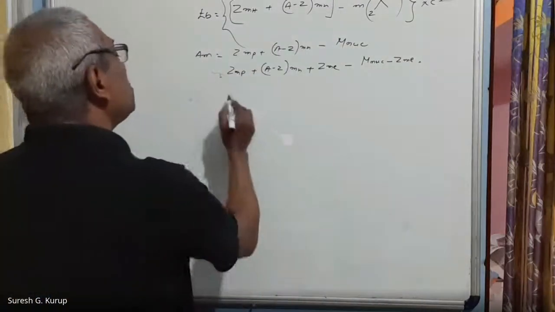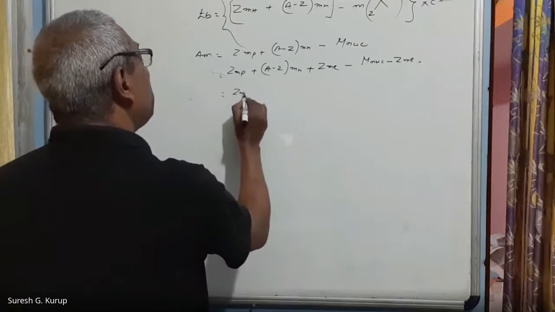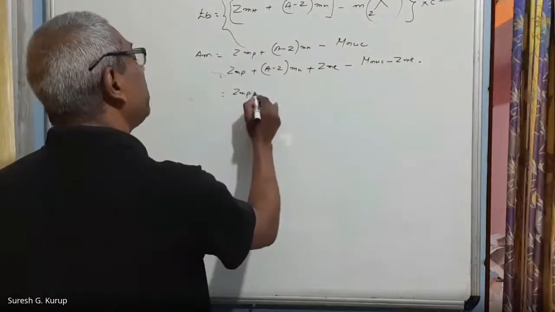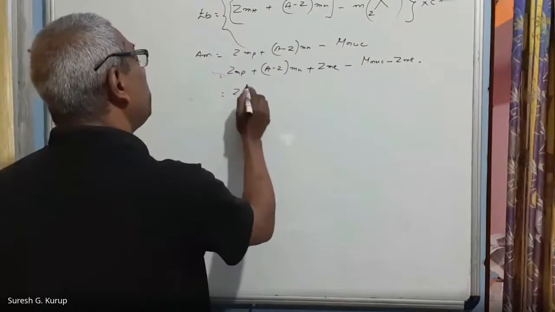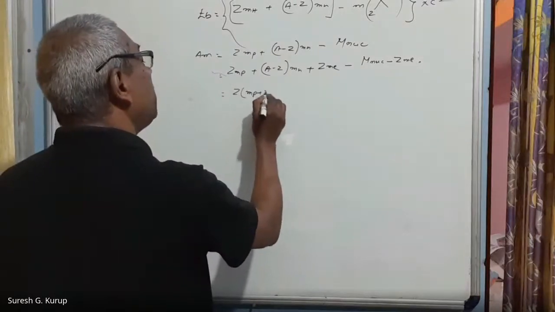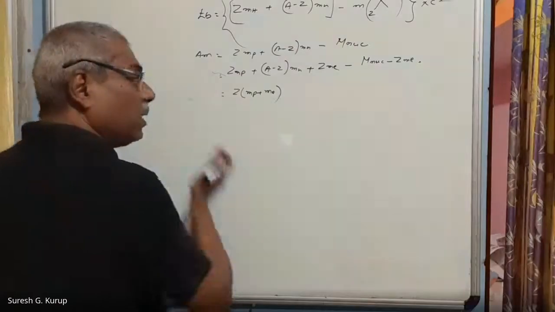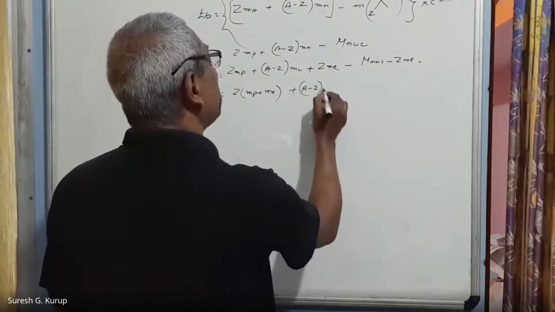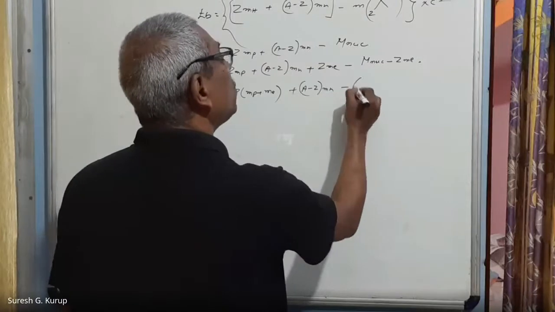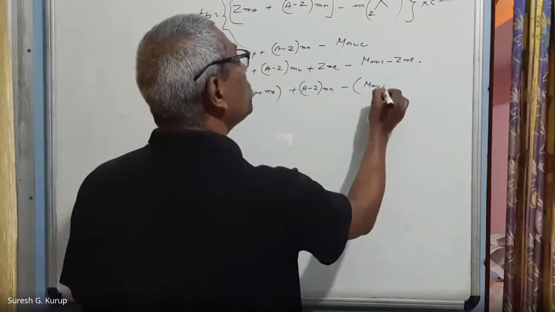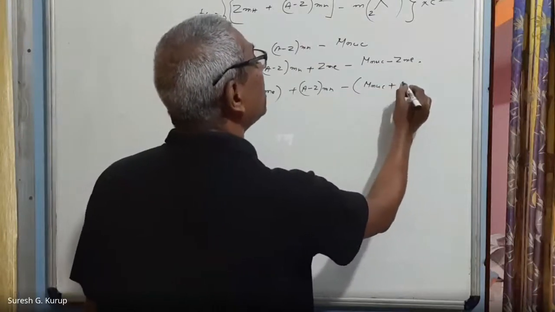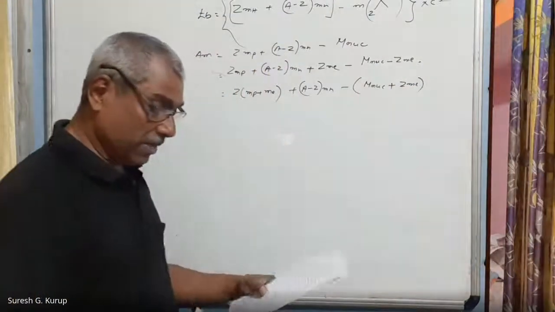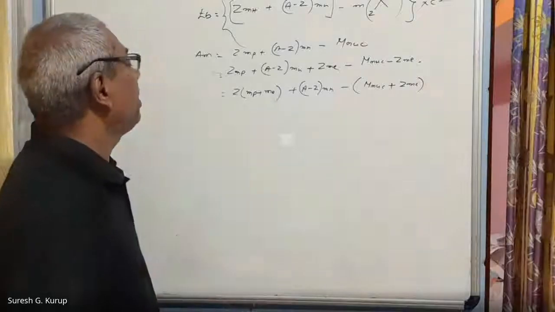right? This is equal to ZMP, mass of the total number of protons. This is also taken here. ZMP plus ZME plus (A minus Z) into Mn minus of MNUC plus ZME, right?